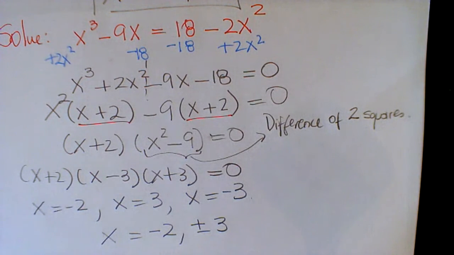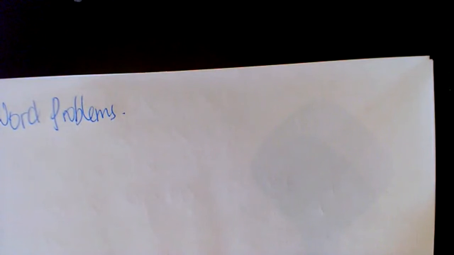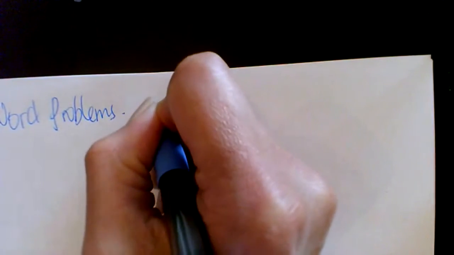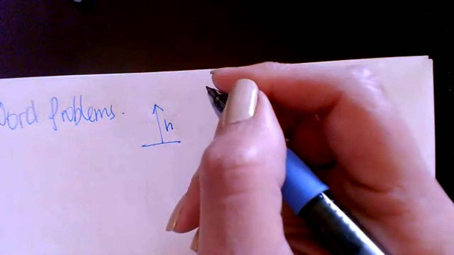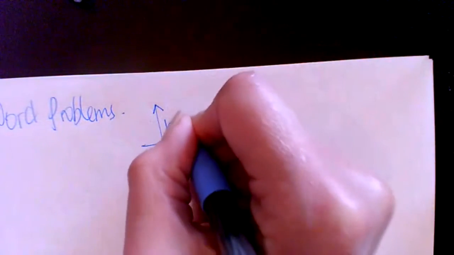So here come the word problems. It says that a rocket is launched from the ground. So it's from the ground up. The height is h and it's in feet.